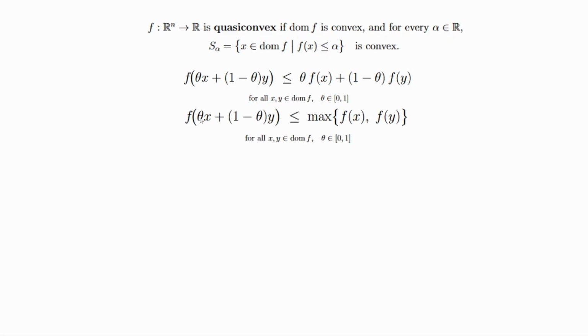Instead, for quasi-convex functions, we have the function evaluated at some middle point is less than or equal to the max of the endpoints. What that's saying is that for a quasi-convex function, the value at any point between x and y cannot exceed the worst of the two endpoints. So it's not the weighted average, just the max.